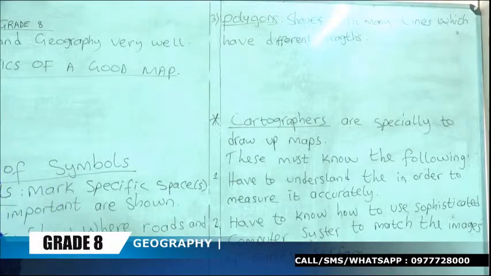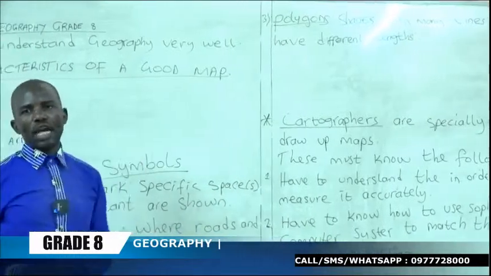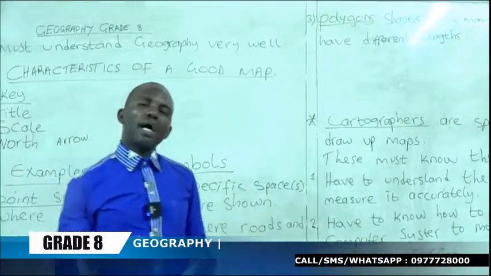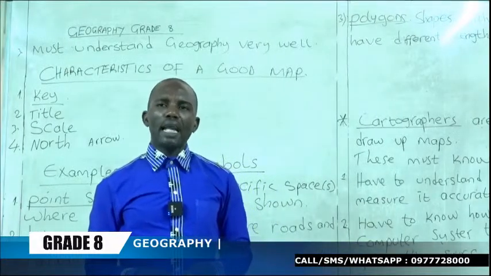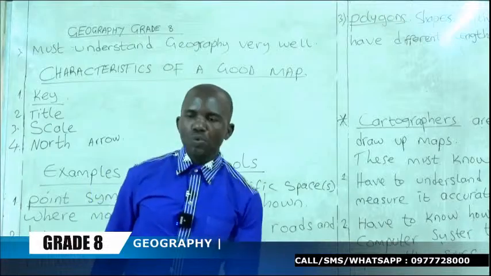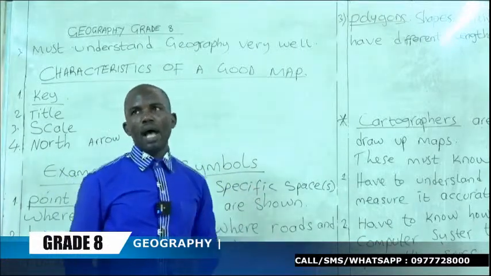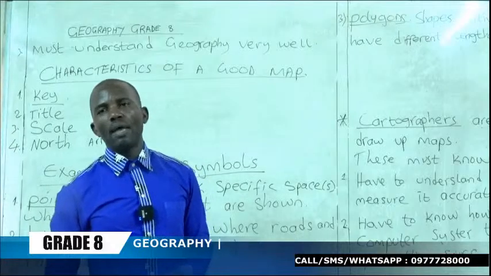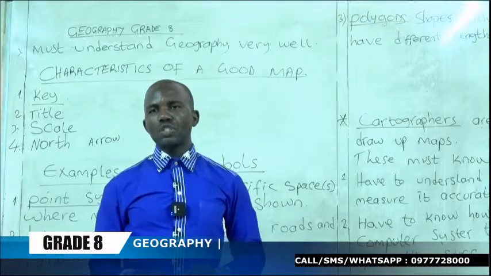Now, having explained the definitions of geography, then cartographers, as well as the differences between diagrams and the maps, up to a point where I've given you the examples of the symbols, at this moment I will allow questions or comments.